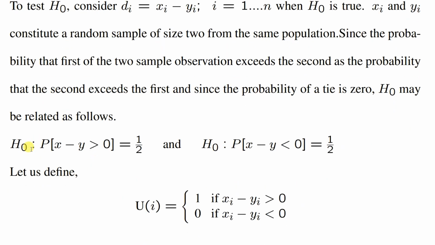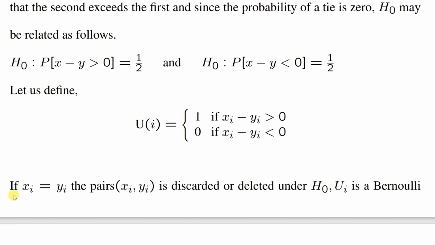Under H0, probability of x minus y greater than 0 is equal to half, and under H0 probability of x minus y less than 0 is also equal to half. Let us define the test statistic ui = 1 if xi minus yi is greater than 0, and 0 if xi minus yi is less than 0. If xi is equal to yi, the pair (xi, yi) is discarded or deleted.